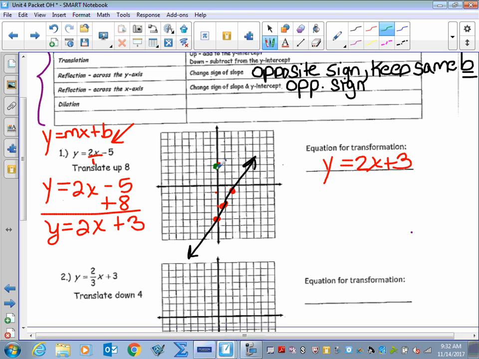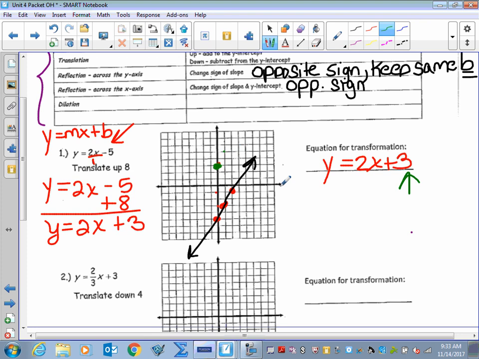Okay. So you can do it that way, okay, or you can just simply add the 8 to the original problem to get your new equation. Now I need to finish graphing it, of course. So I did start with my b, which was at positive 3, so that's the point you see on the graph right here. Now I'm going to go up 2 over 1.